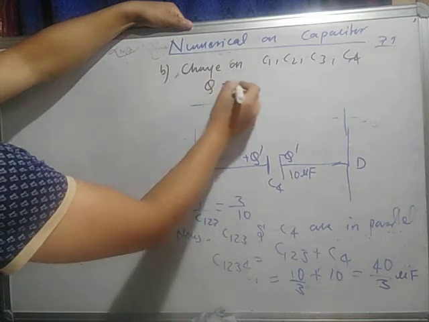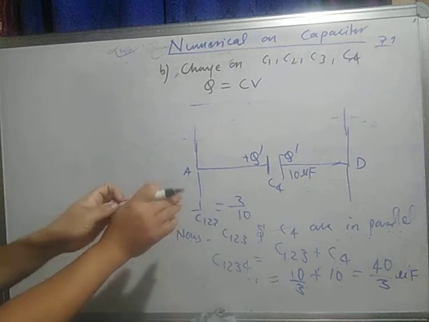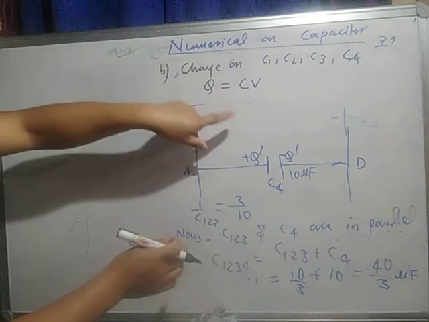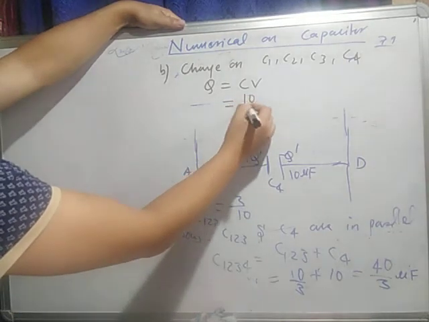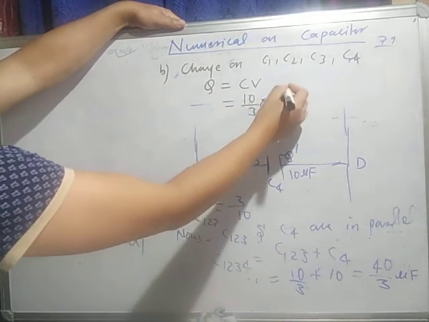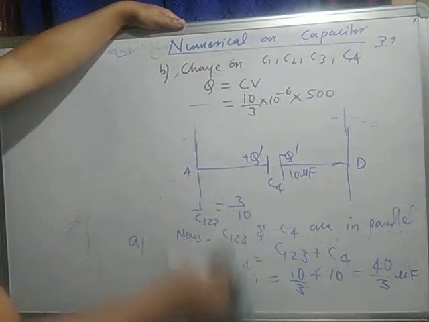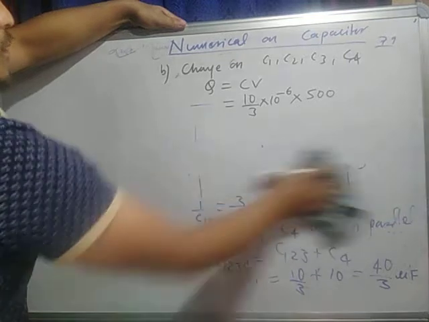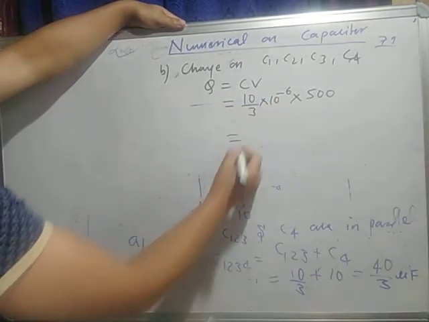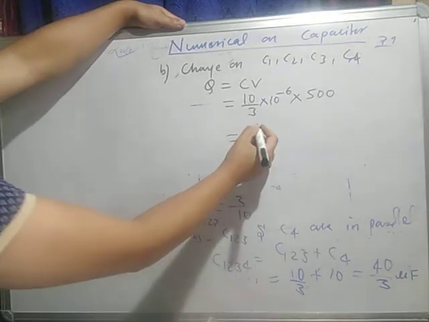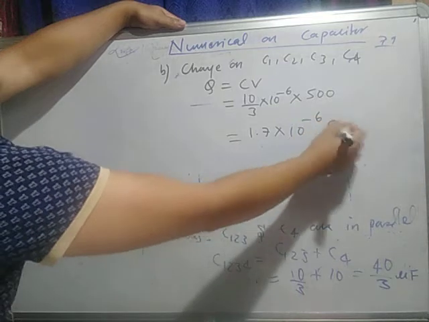Charge equals CV, right? So here 40 by 3 into 10 to the power minus 6, and V is 500. If you calculate this, you'll get 1.7 into 10 to the power minus 6 coulomb.